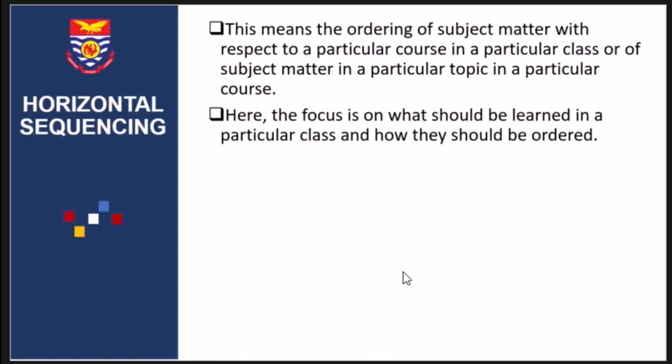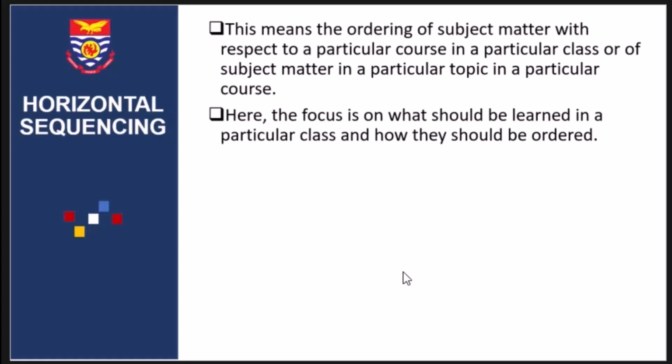So in horizontal sequencing, the focus is on what should be learned in a particular class and how it should be ordered. As I said, if you are teaching sets in JHS 1, how do you order that subject matter? Unlike the vertical that talks about a particular class or grade.